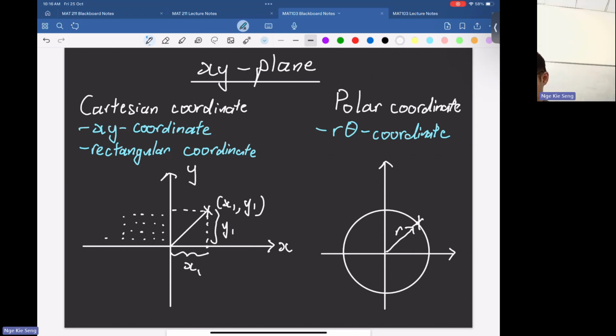You can use the angle, for example the angle from the x-axis. So you imagine that you slice your xy plane into a bunch of concentric circles centered at the origin.